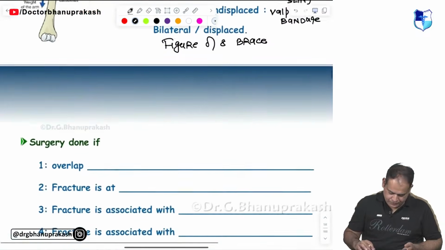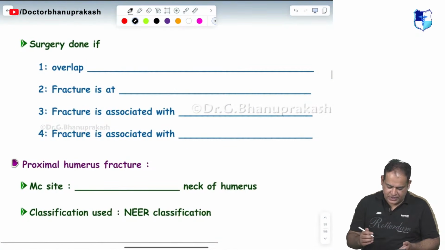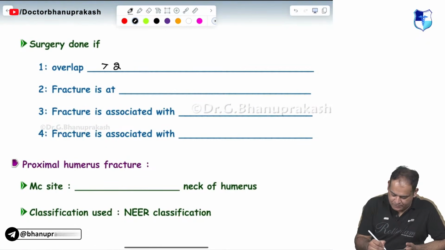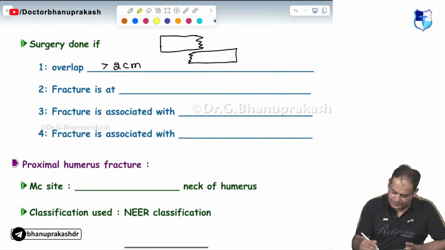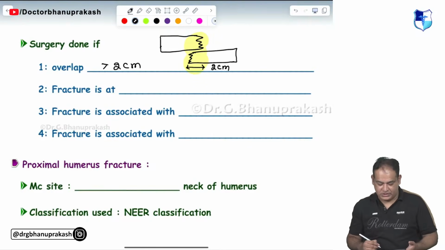Right? Okay. Now, surgery is done if the overlap is more than 2 centimeters, like this. So you see, if this overlap is more than 2 centimeters, we will do the surgery.